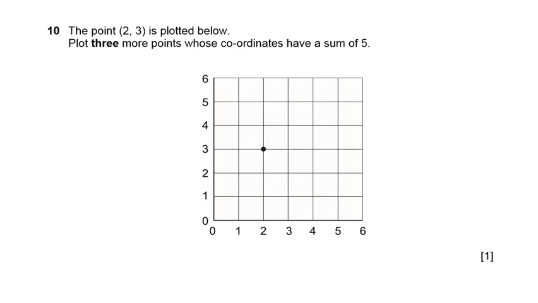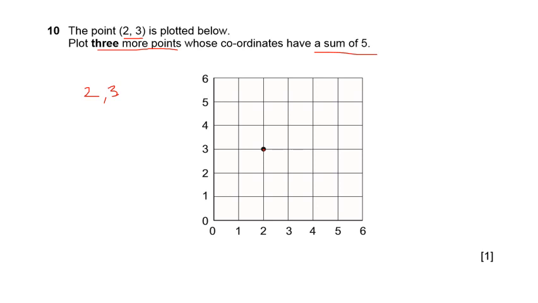Point 2, 3 is plotted on the chart below. Here it is. Plot 3 more points with a sum of 5. 2 and 3 have a sum of 5.